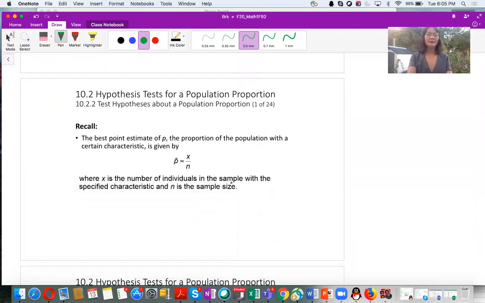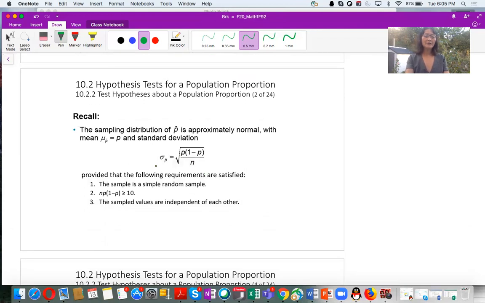All right, let's review the definition of p hat. P hat is x over n. X is the number of individuals having some characteristic. N is the sample size, and p hat is the sample proportion.